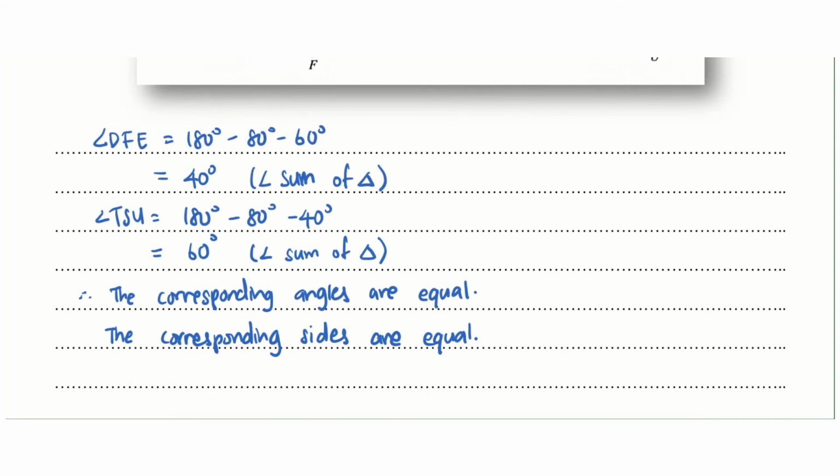Because we now see that the corresponding angles and the corresponding sides are equal, we will say that yes, the two triangles are congruent to each other.